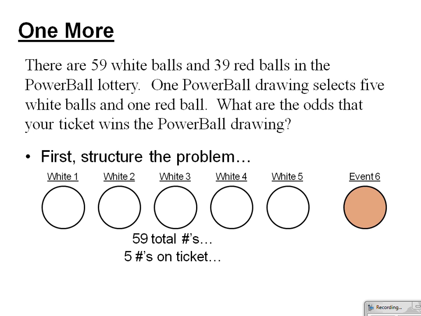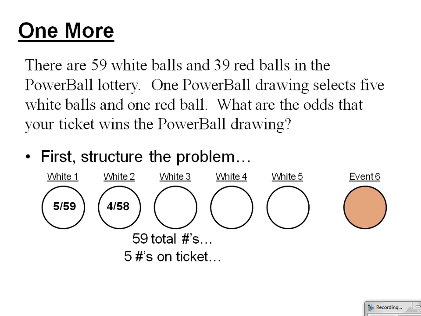So in the first event, we could draw 5 possible numbers that we want out of 59 numbers to select from total. But in the second event, there's 1 less ball to select from, and 1 less number on our ticket that we want to have drawn. So the odds in the second event are only 4 out of 58.